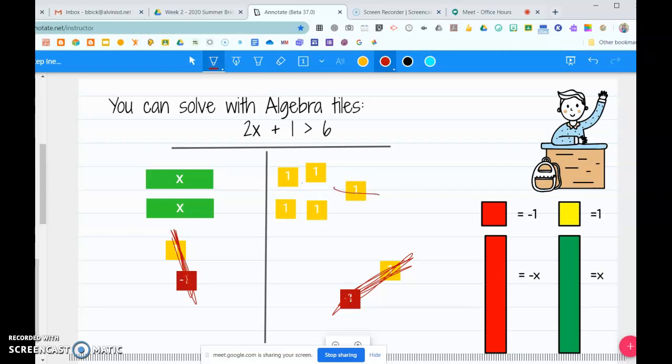Okay, so 1x is equal to 2.5. And if you want to plug that back in, 2 times 2.5 is 5, plus 1 is actually equal to 6. In this case, it can be anything that is greater than 2.5.